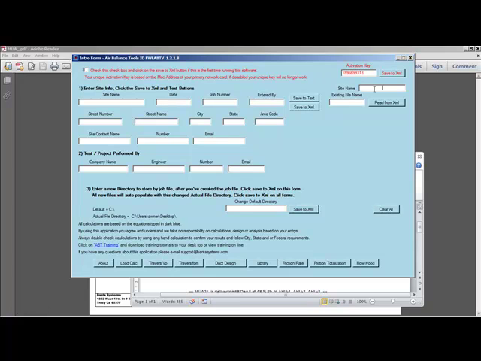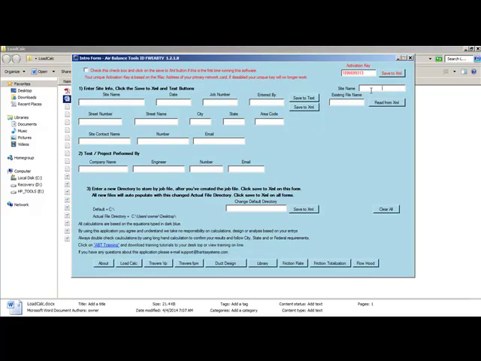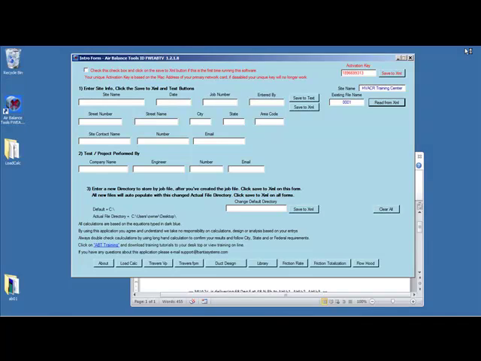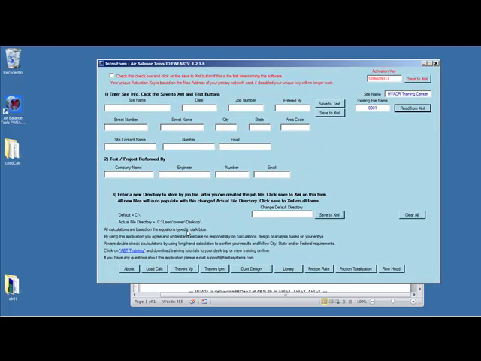So the first thing we're going to do is we know we have a file in our system called HVACR Training Center 0001. And this is a good time to discuss how the file structure works.